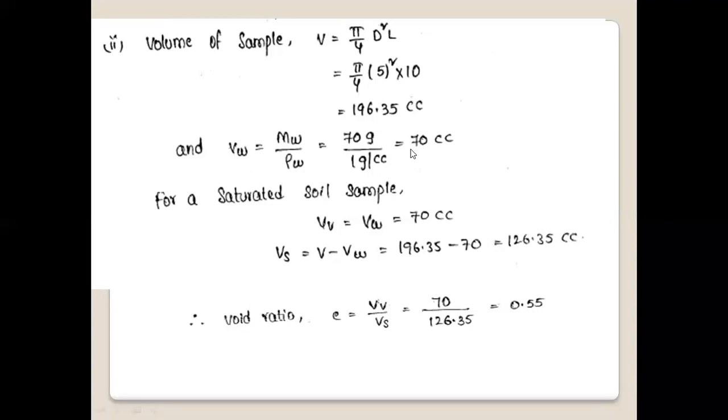Then finally Vw equals 70 cubic centimeters. For a saturated soil sample, Vv equals Vw, equal to 70 cc. Volume of voids equals volume of water. Here the volume of air is 0. Then Vv equals Vw equals 70 cubic centimeters.